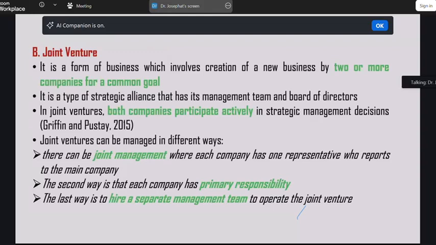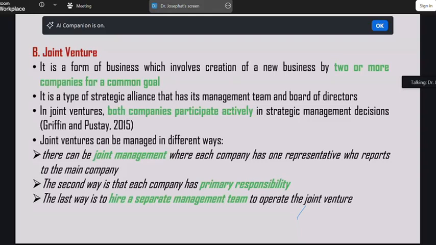Joint venture is a form of business which involves creation of a new business by two or more companies for common goals. It's a type of strategic alliance that has its own management team and a board of directors. Hapo ni joint venture, kila moja na management teams na board of directors kwake. In a joint venture, both companies participate actively in strategic management decisions. Joint ventures can be managed in different ways.